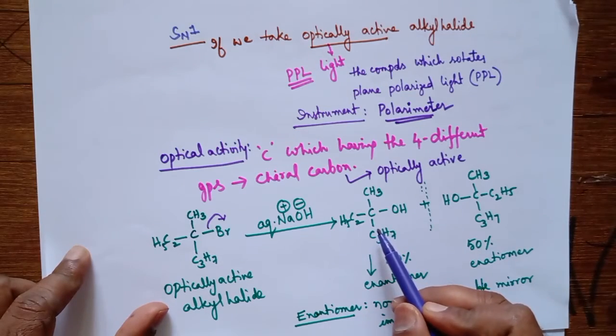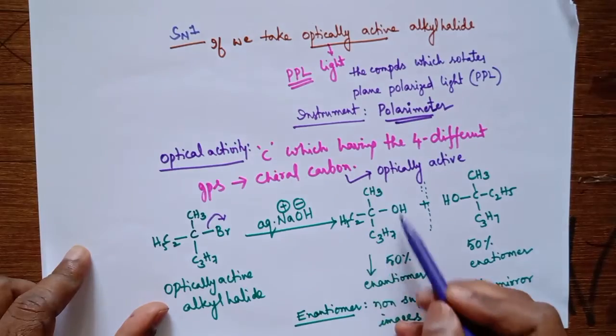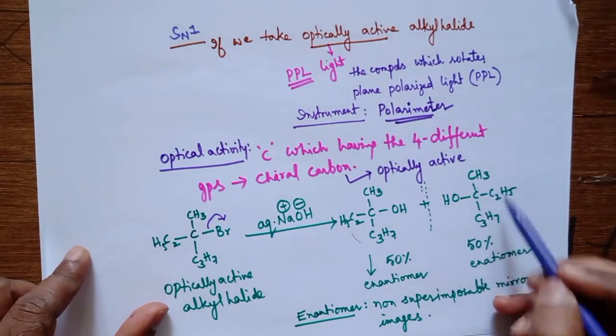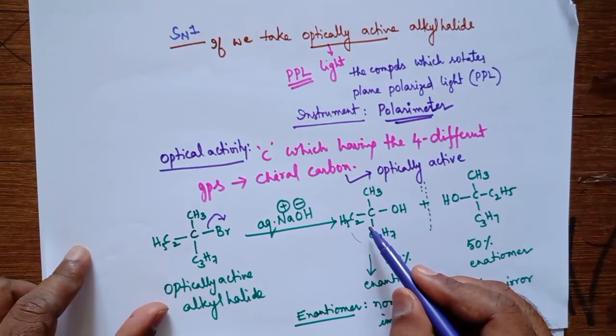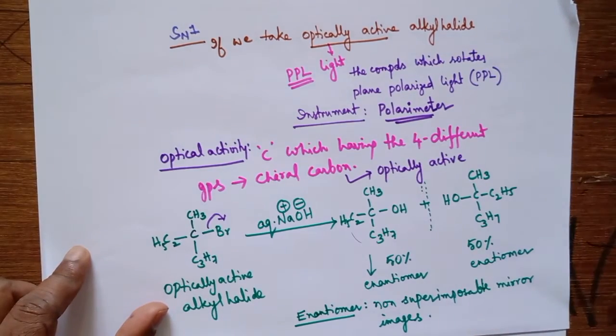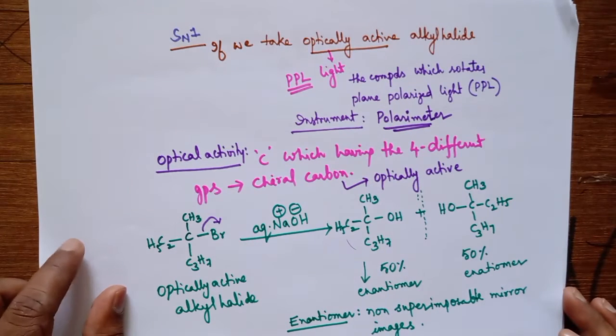This compound is an optically active compound. Why? Because the four groups are different groups. Generally, a compound with four different groups is optically active. An optically active compound rotates plane polarized light towards the left side or towards the right side. If it rotates to the right side, you call it dextro-rotatory.